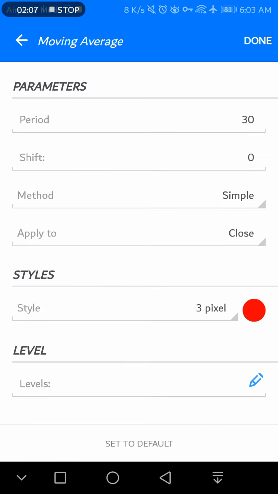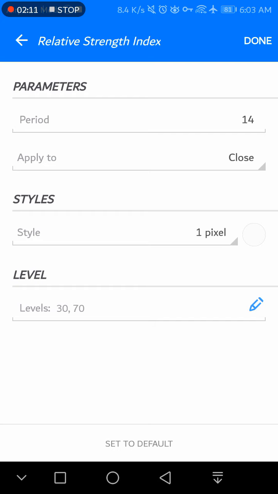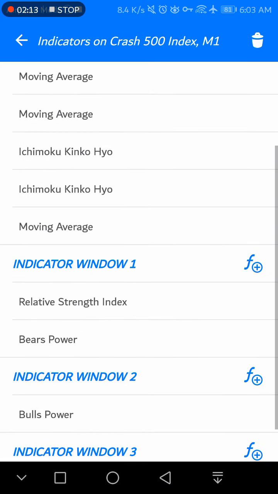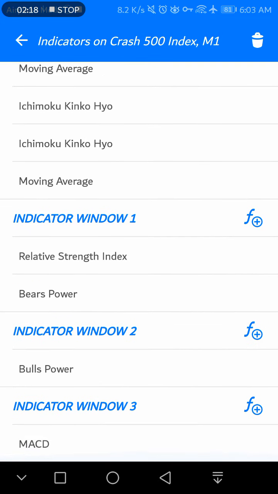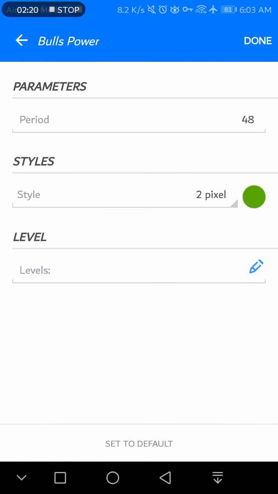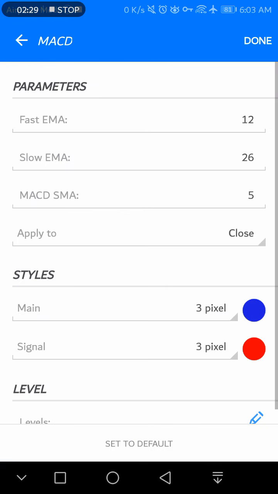Look here, I'm using a moving average of 30 period, RSI 14 period, bears power 13 period 2 pixel, and here is the bulls power 48 period 2 pixel, and MACD, the fast EMA of MACD is 12 and slow EMA 26, and MACD SMA is 5.